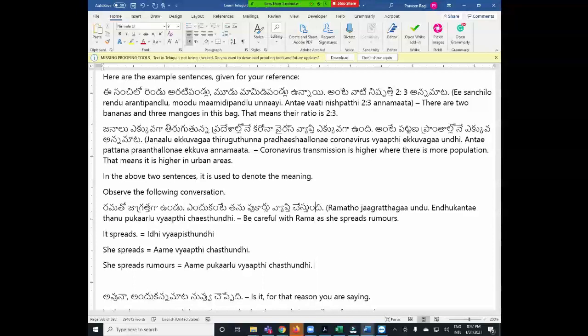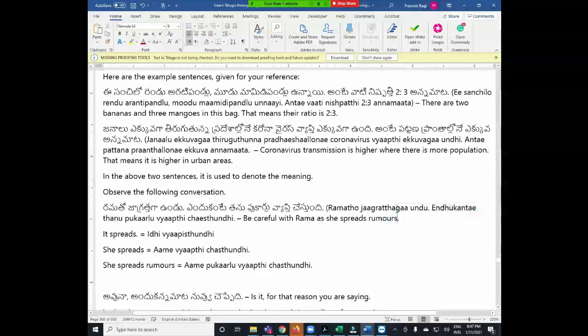So after combining, we'll get this sentence. ఎందుకంటే, we use the word ఎందుకంటే to translate the word as, then తను పుకార్లు వ్యాప్తి చేస్తుంది. In this context we can use the word ఎందుకంటే to translate the word as while combining.